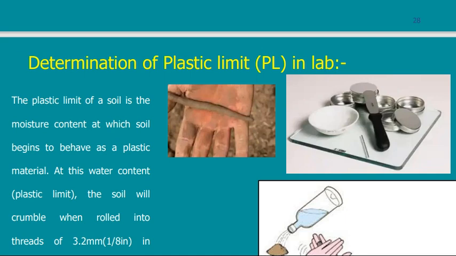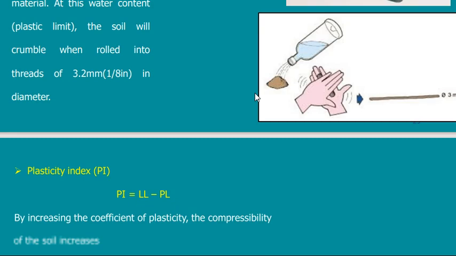If you manage to make a thread that is 3 millimeters in diameter, then this is the plastic limit. They just give you a number so that we can all define whether a sample is at the plastic limit, more than the plastic limit, or less than the plastic limit. So this is another experiment for the plastic limit.